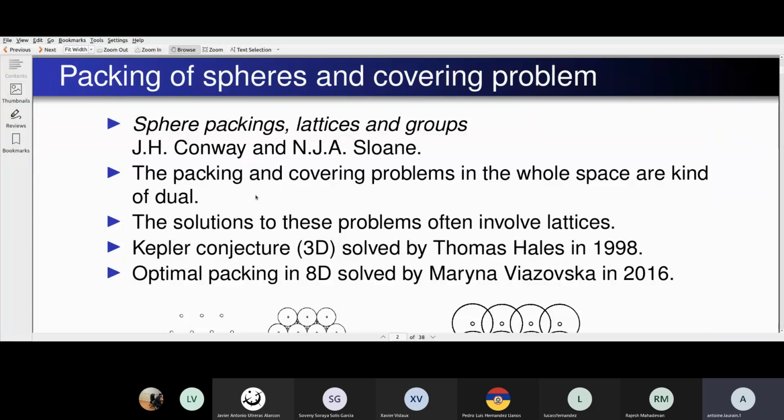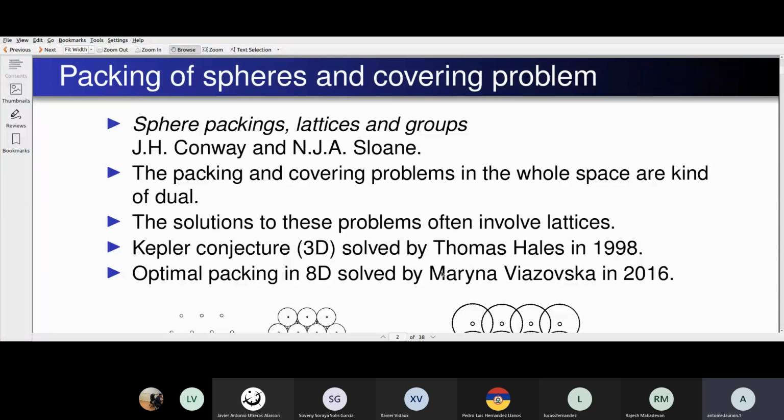And in 2D, the typical solutions are given by lattices. A lattice is a kind of regular discrete grid, if you want. So the hexagonal lattice gives the solution for the packing in 2D.